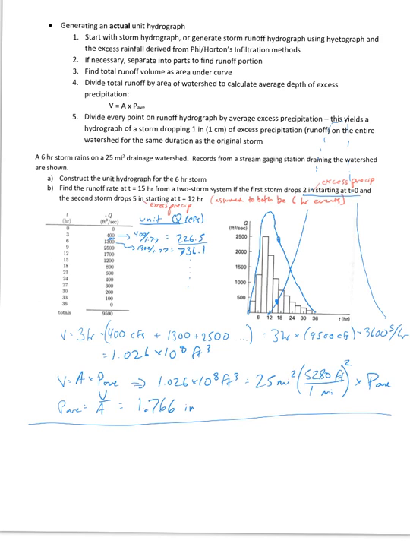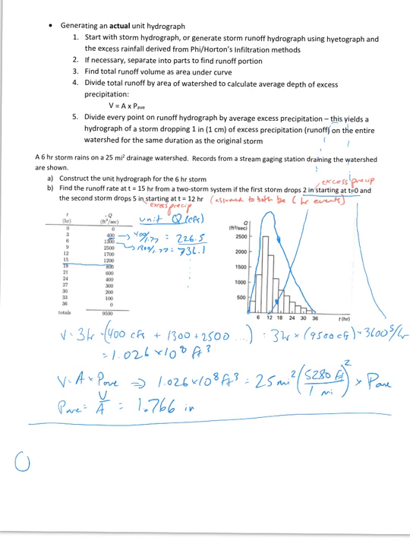From the first storm, which starts at time equals 0, we're looking at the runoff rate at 15 hours after the storm starts. We look down at this table, and we see that at time equals 15, we have 1,200 CFS for the storm we measured.